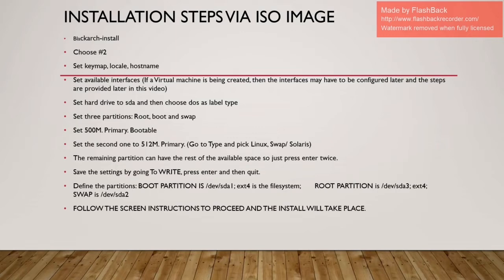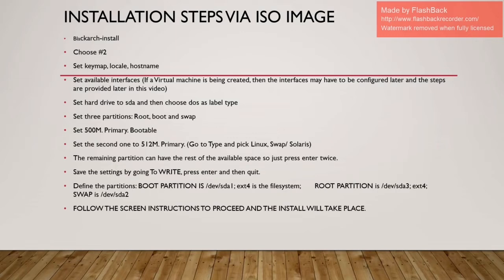With BlackArch Linux, practically 95 to 100% is executed via terminal. BlackArch does not have a GUI like other distros such as ParrotOS and Kali Linux. It does not have a GUI in regards to a desktop, so everything is pretty much through the terminal.